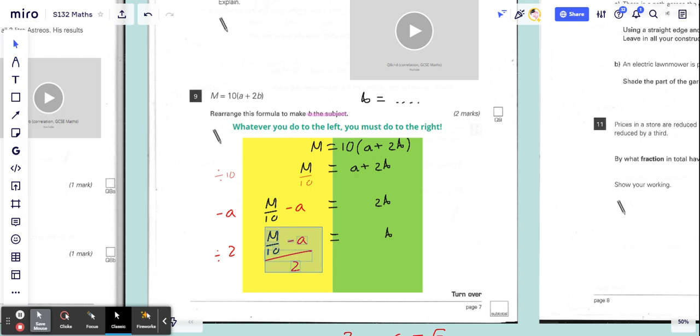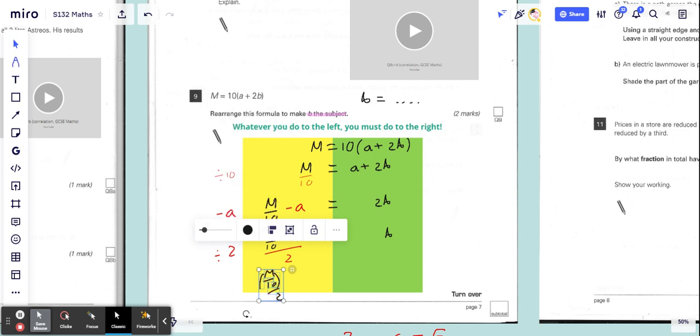So let's just shrink it so we have a little bit more space to play with. That's not quite what I wanted to do. So what we can do is we can say M over 10 all over 2. Let's turn that into black.